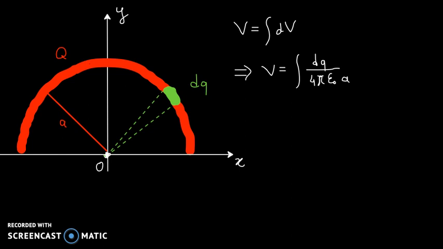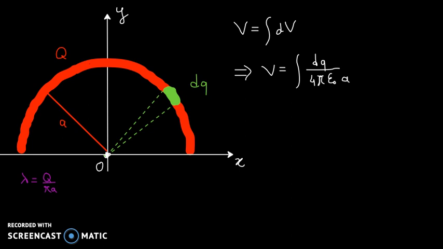Next, let's express dq in a form that we can integrate over. Our integration variable is going to be theta, and I'm going to express dq in terms of d theta. For that, I'm going to introduce the linear charge density lambda. By definition, linear charge density is total charge divided by the length of an object.